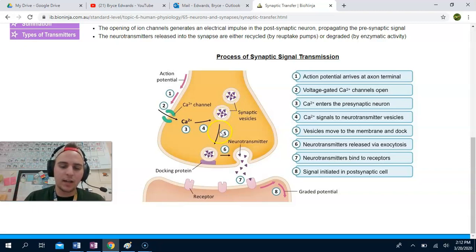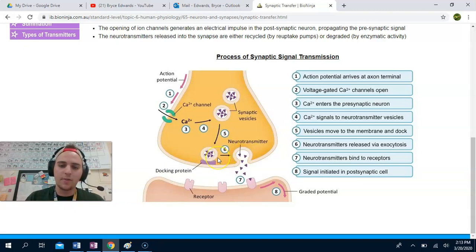The vesicles then move down to the actual synapse right here, the membrane right in front of the synaptic cleft. And these vesicles are full of neurotransmitters, which are tiny proteins or lipids, little things that will go and send a signal on the other side.